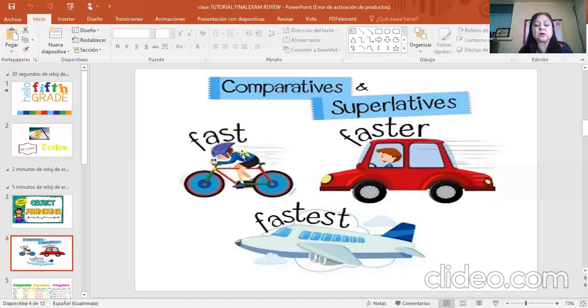This is the comparative. And to use the superlative adjective, we can say, the airplane is the fastest of the three. This is my example for the comparative and superlative. This is very easy to remember and to review.